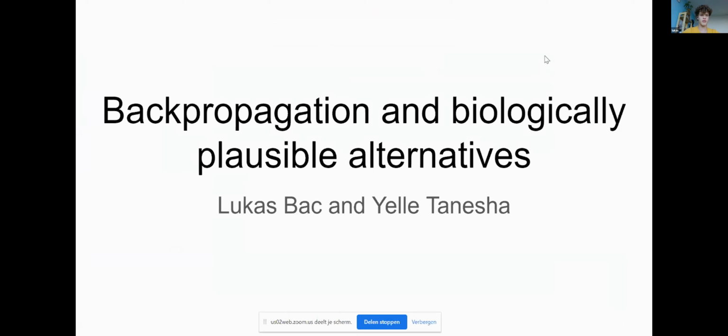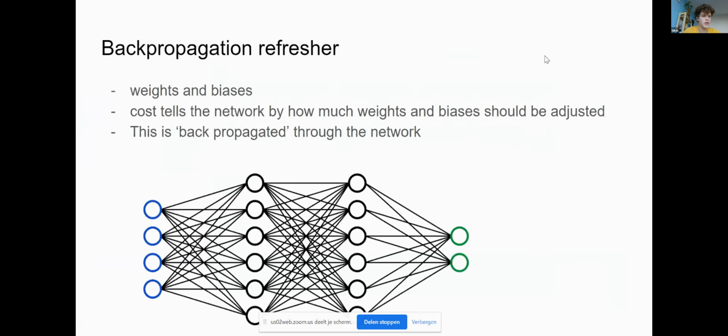So our project is about backpropagation and biologically plausible alternatives. Let's get started. We'll do a really quick refresher about how exactly backpropagation works. The image here is a really basic neural network. All the connections between the neurons have a certain weight. All the neurons themselves have biases.